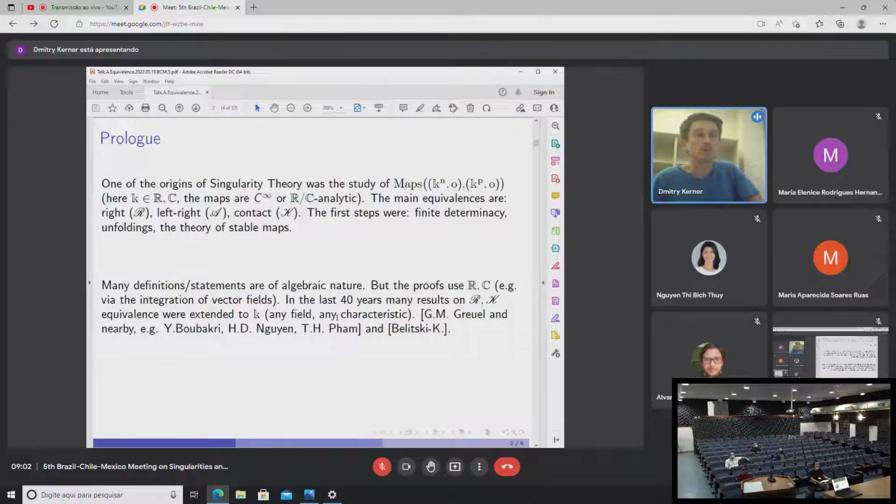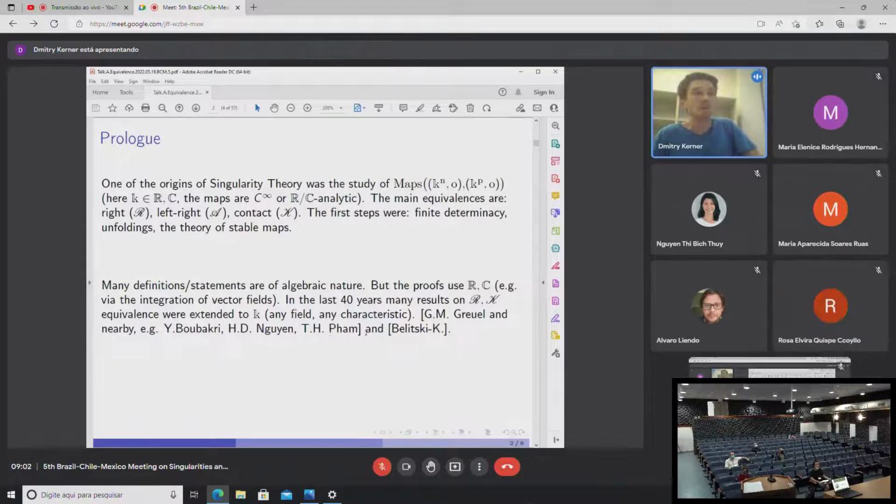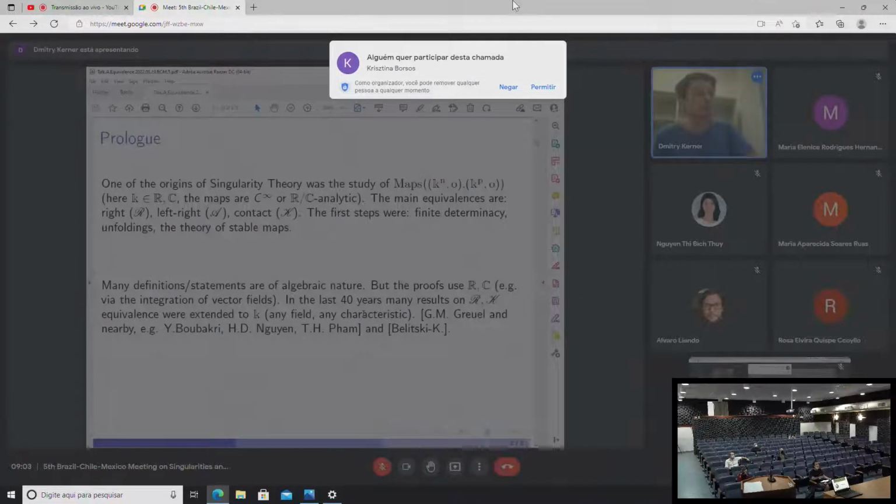I will mention just a few names. It's Gert-Martin Greuel and all his groups and collaborators, for example, these people. And recently I also did some work with Heinrich Belitsky. So the right or contact equivalence are quite understood in arbitrary characteristic by now. Of course there are questions.